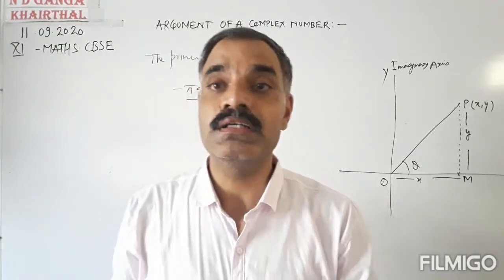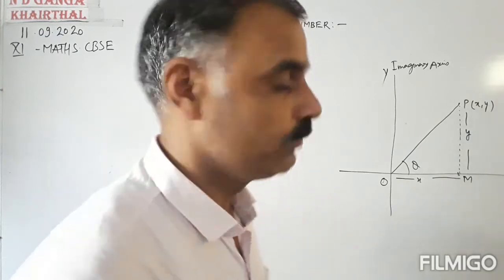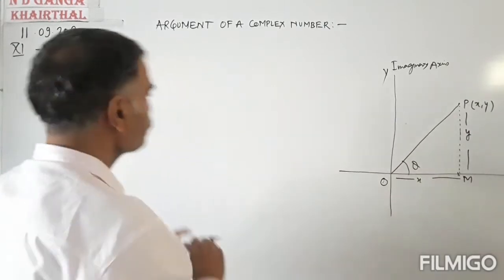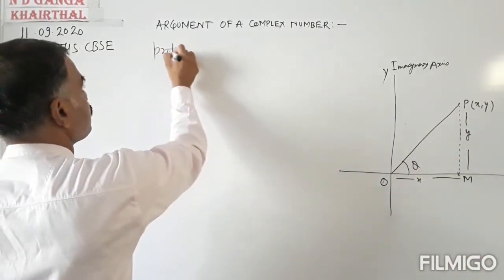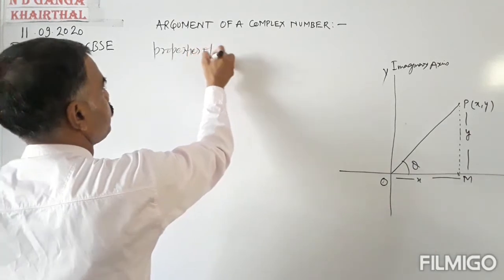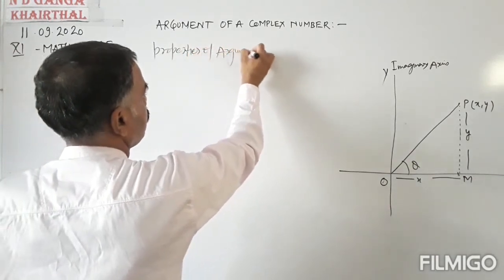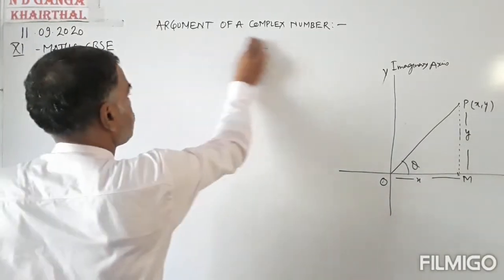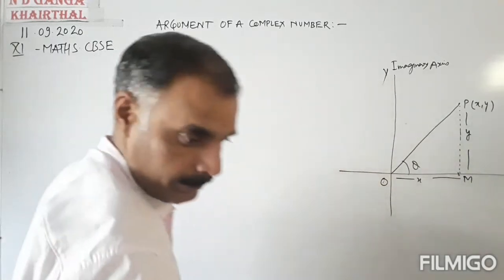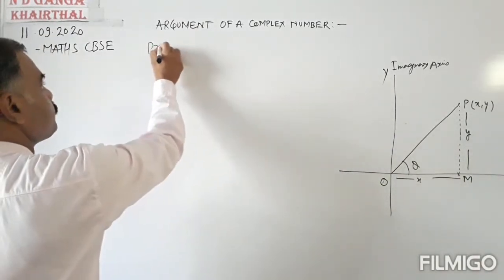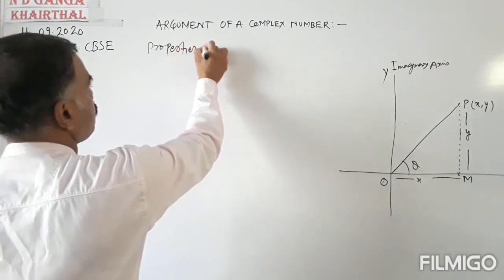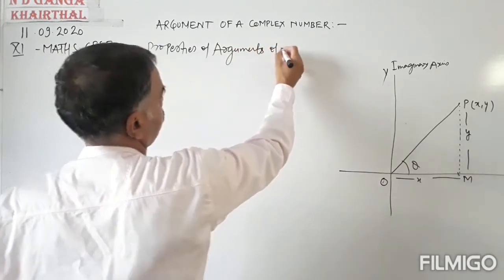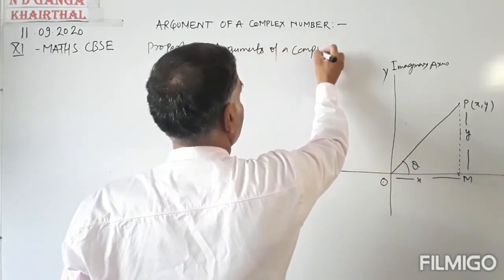Properties of the argument of a complex number.